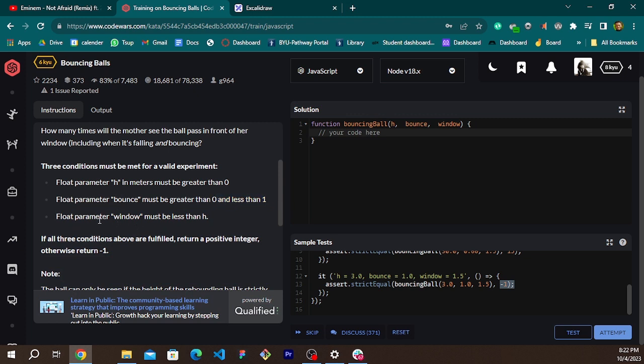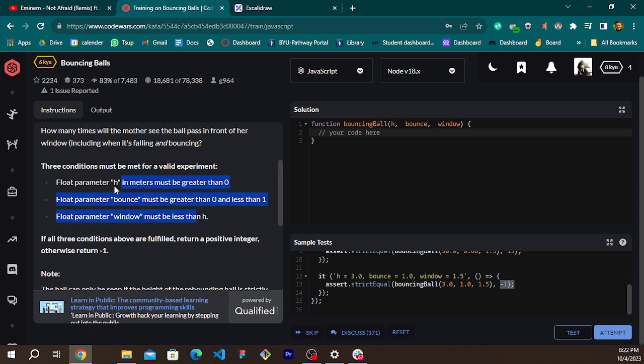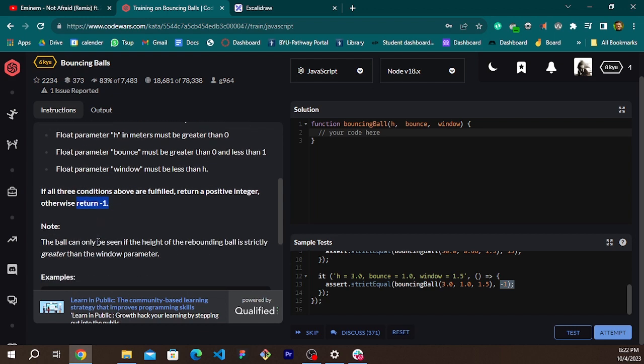Then the float parameter window must be less than h for the experiment to succeed. So if all 3 conditions above are fulfilled, return a positive integer. Otherwise, you return minus 1. What else will return minus 1?